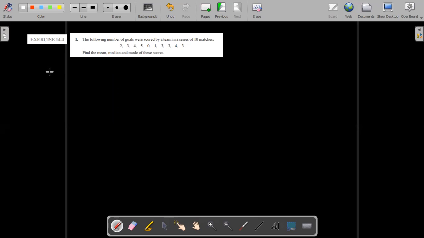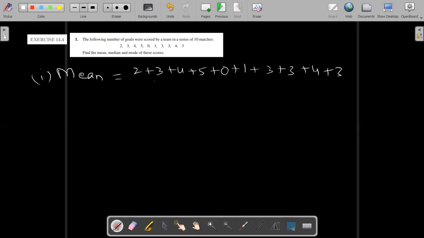So first we have to find the mean. For finding the mean, we have to add all these values: 2 plus 3 plus 4 plus 5. You should write 0 also because we will count it when dividing. Plus 3 plus 3 plus 4 plus 3. These are 10 values, already given, the 10 scores.